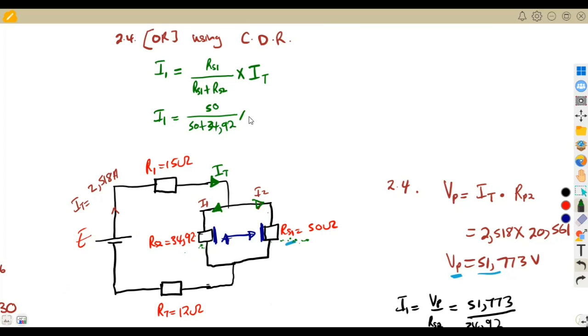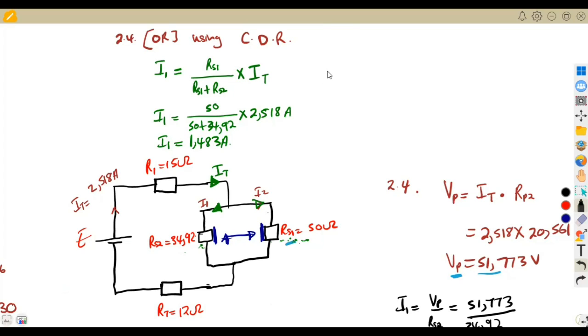Then you multiply by the total current that is branching into these two currents, the total current of 2.518 amps. So this gives us the answer directly. If you multiply, current 1 is something like 1.483 amps.